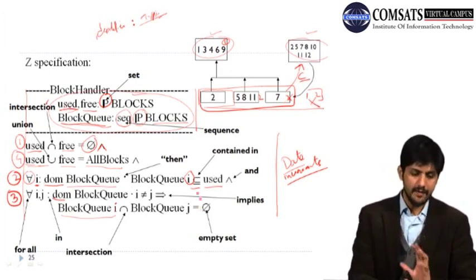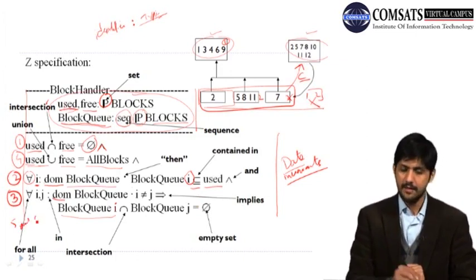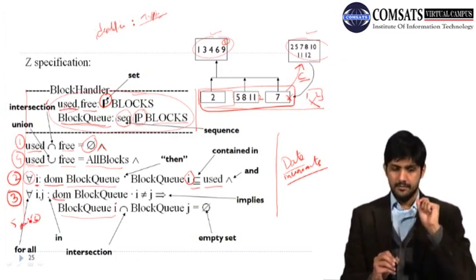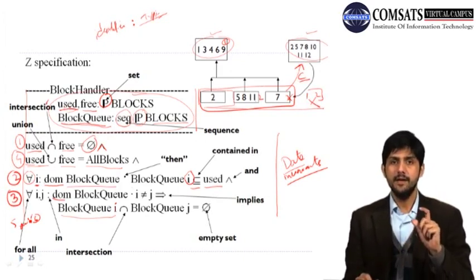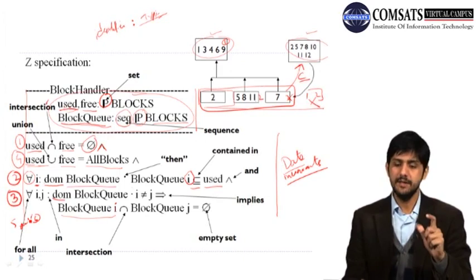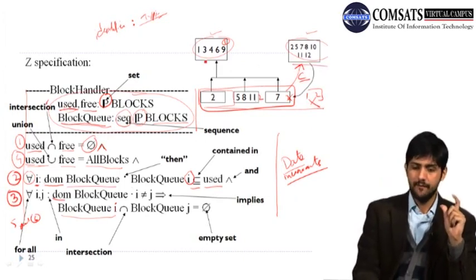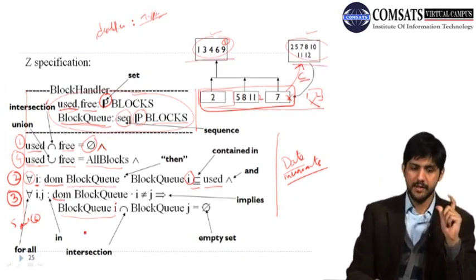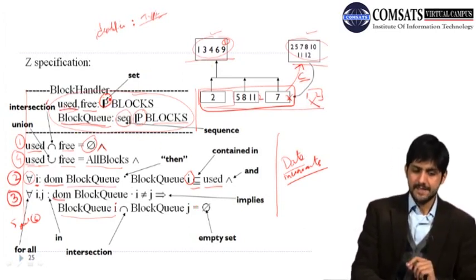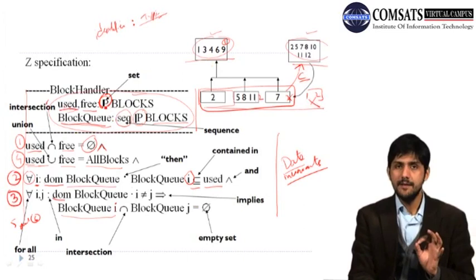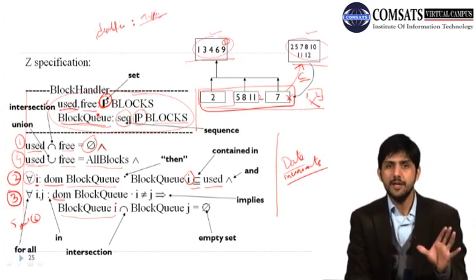And what about the data invariants 5 and 6, where we said that there should not be 2 blocks with the same numbers in these 2 sets? Where are they? We cannot actually see them here. So by definition, this set defines that there is no repetition.